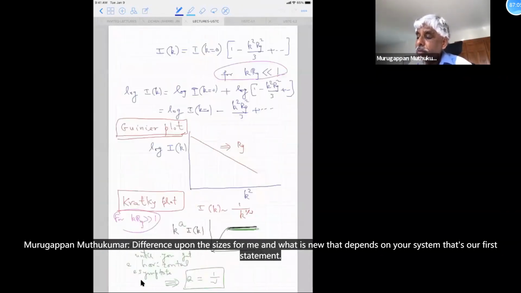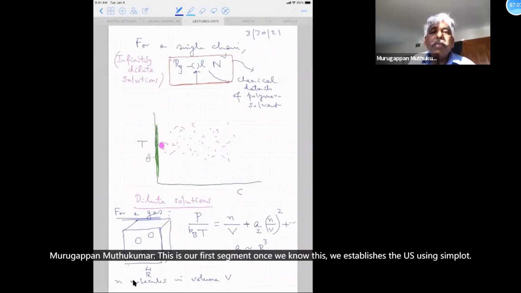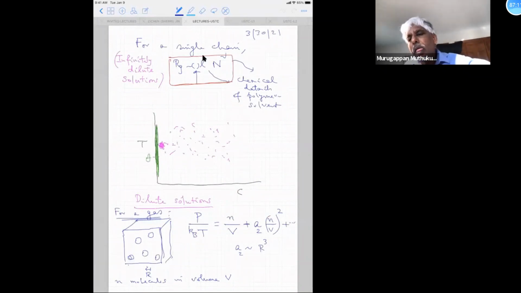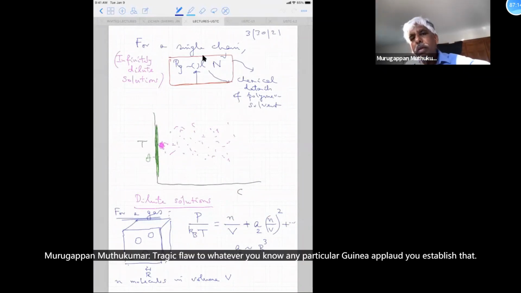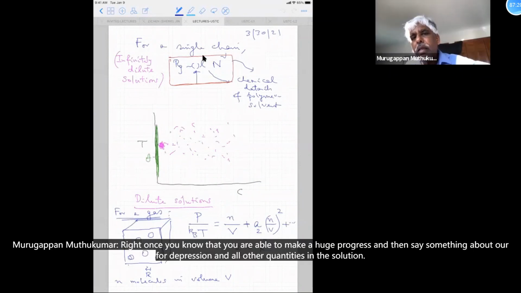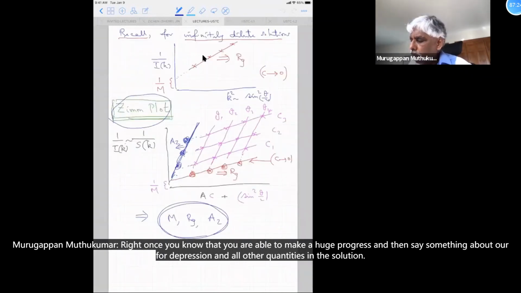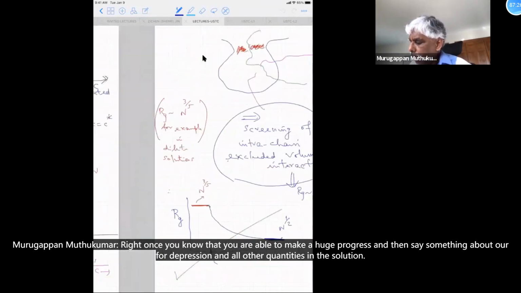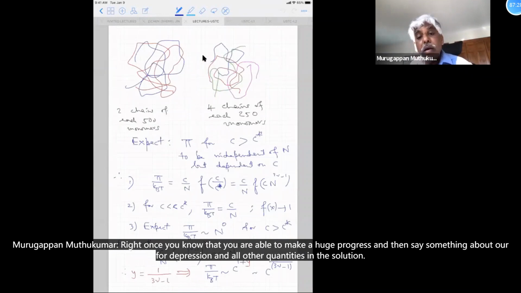That's our first statement. Once we establish this using the Zimm plot, Kratky plot, Guinier plot, or whatever plot, you are able to make huge progress and say something about osmotic pressure and all other quantities in the solution.